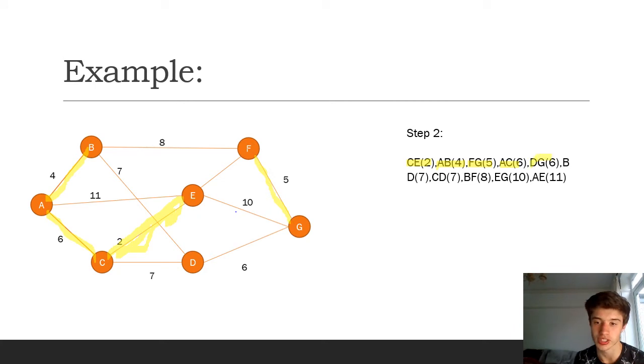D to G is next, which is also 6, and D to G is here. That's fine. Again, we basically just need to connect these two little subgraphs going on here, and we should be all done. And B to D is next with weight 7, and B to D, even though it overlaps with C to E, it's not at a vertex, so it doesn't count.